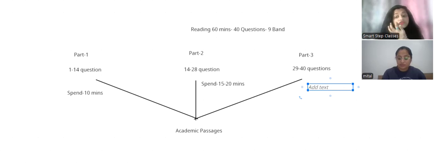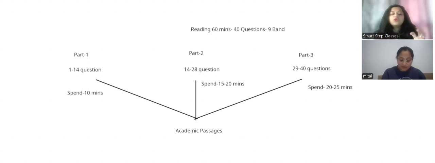Now, most of the students commit this mistake: while covering part 1, they spend a good 20 to 25 minutes and then they fall short of time. You don't have to do this, even during daily practice and self-practice sessions. You have to follow the same way: give only 10 minutes, keep a timer with you, and be able to get the answers in 10 minutes for the entire part 1.